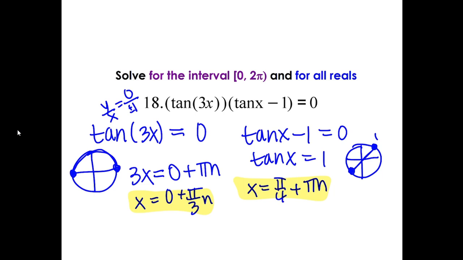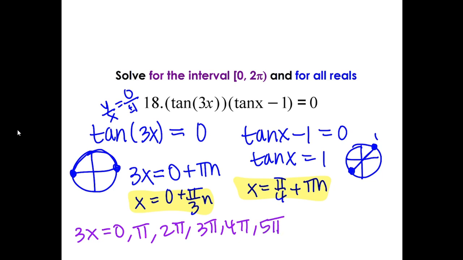And then on the interval, we take our answers that we already had. So we had 3x equals 0, pi. Then I need to keep adding them: 2 pi, 3 pi, 4 pi, 5 pi.